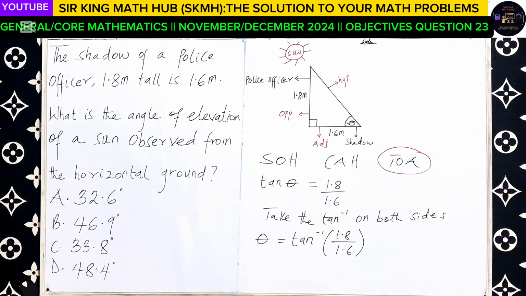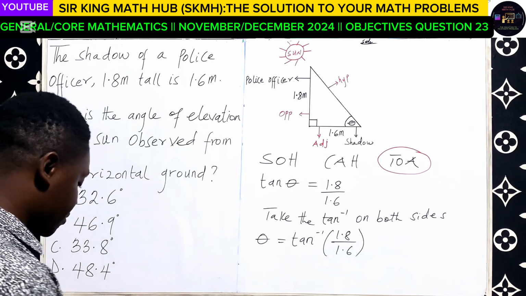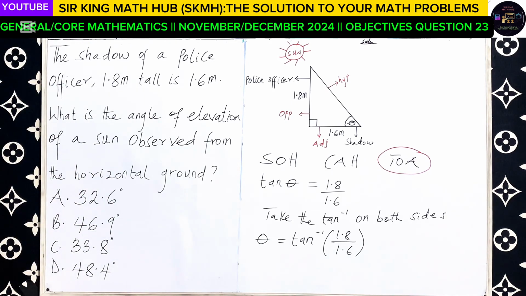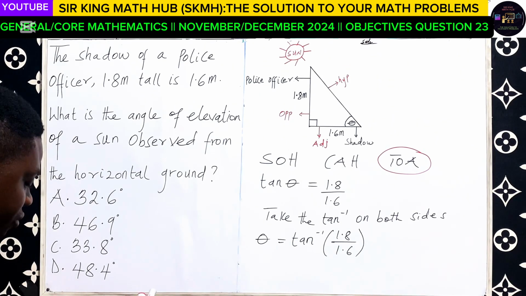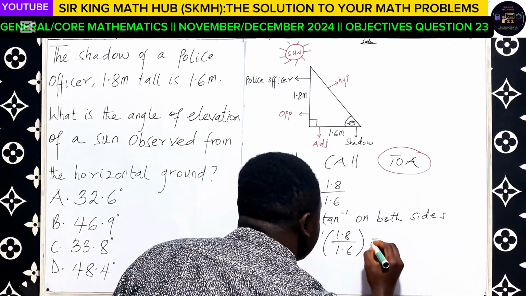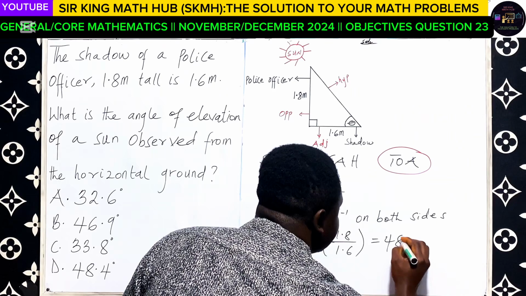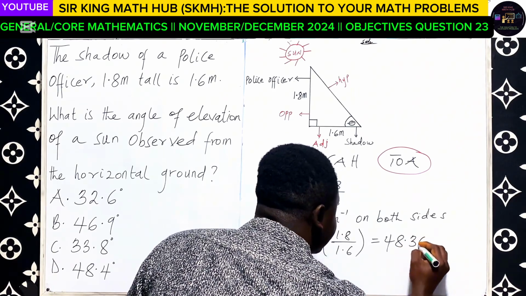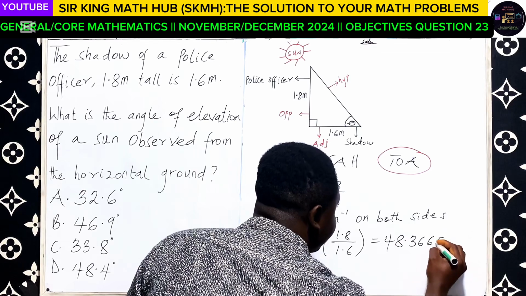So from our calculator, we want the tan inverse of 1.8 divided by 1.6. So we have 48.3665.